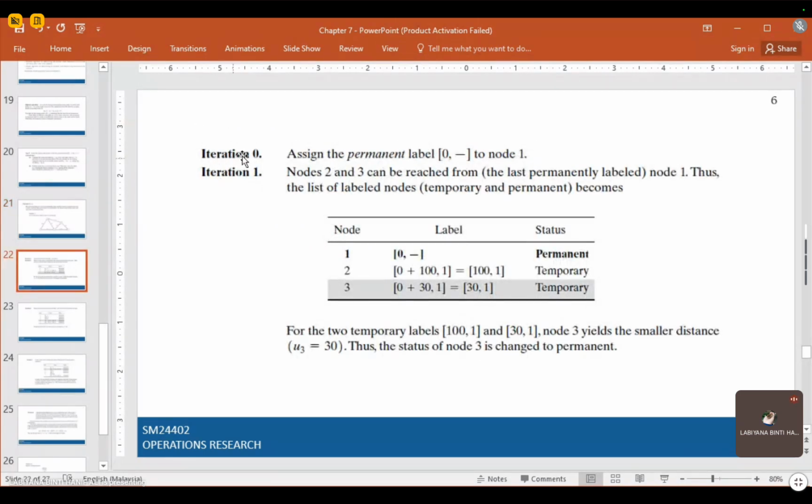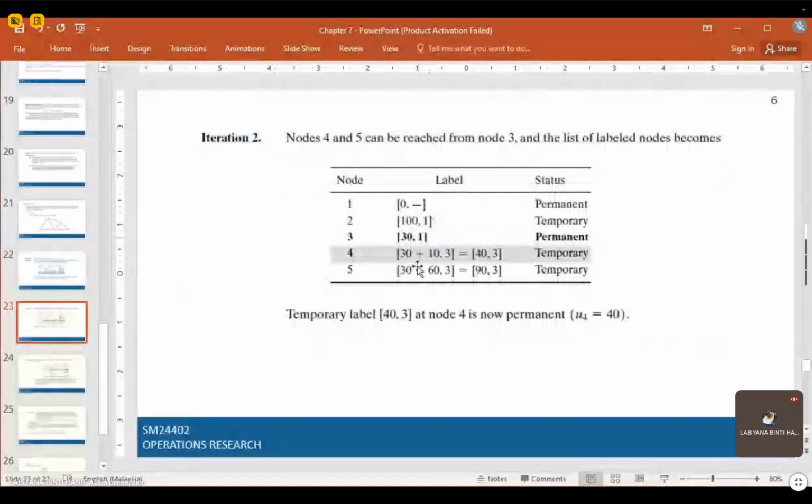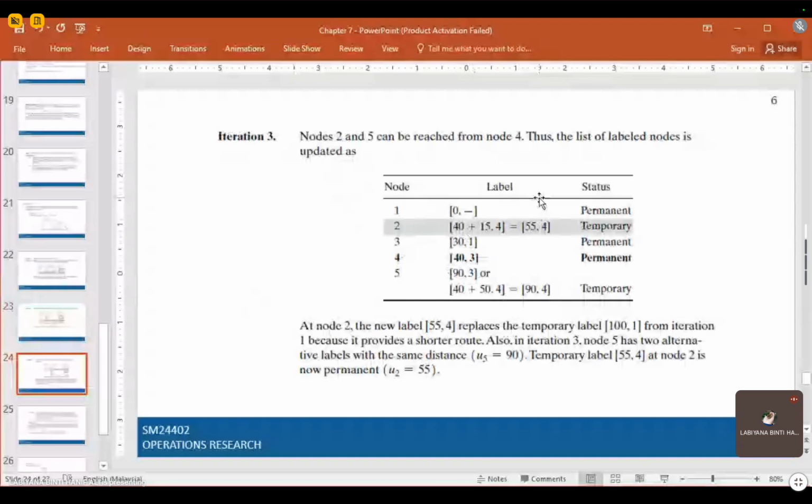So in the first iteration, we assign the permanent label [0, -] to node 1. So we have node 1 here as 0. In the Dijkstra algorithm, we use a table like this one.